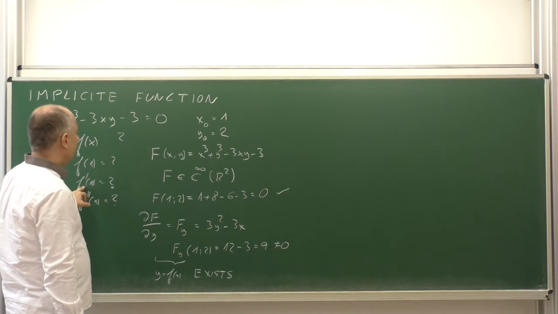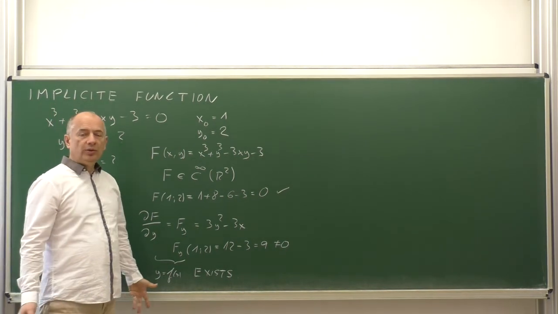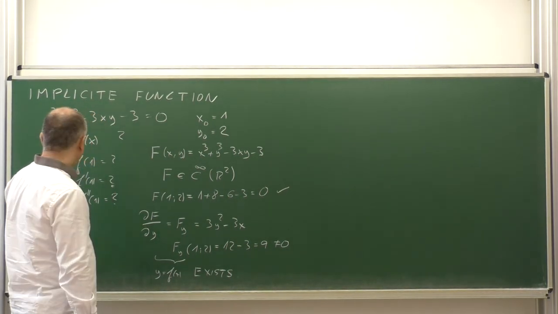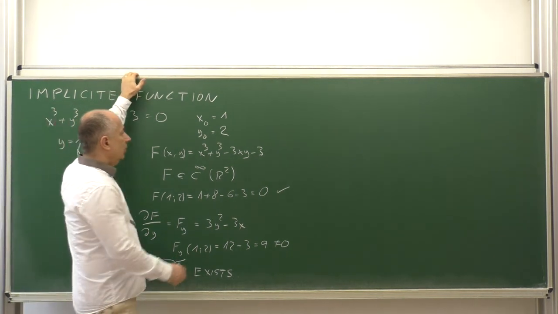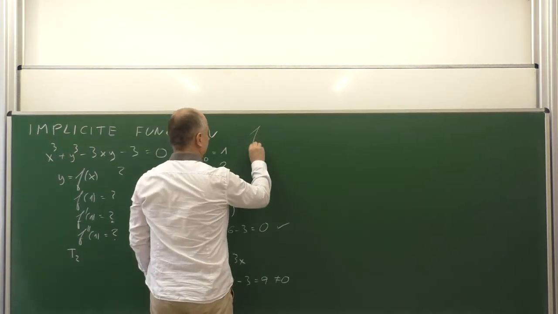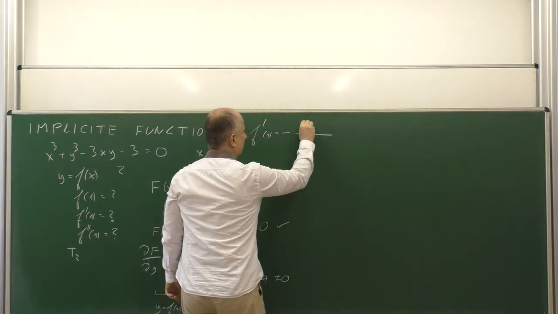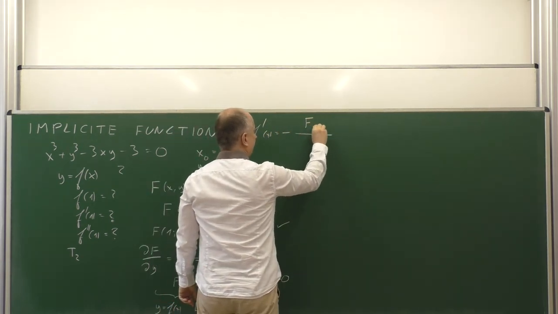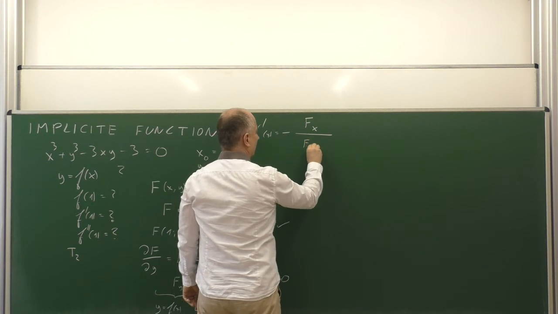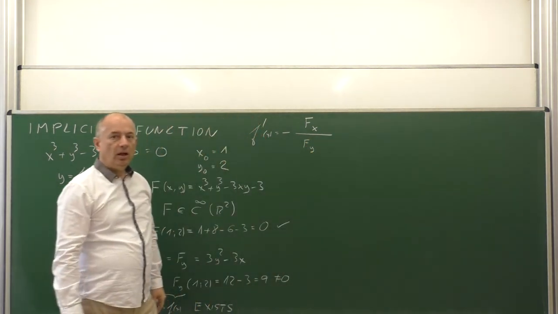What about the derivative of f? We have two possibilities how to find the first derivative. Either we can use the formula that it is minus the derivative of capital F with respect to x divided by the derivative of capital F with respect to y.